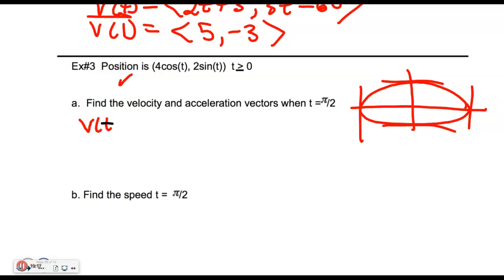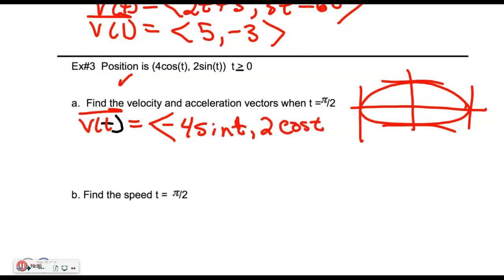My velocity vector is going to equal, and they should go in chevrons, -4 sine t and 2 cosine t. Just nice and easy derivatives right there. All right. And then it says at pi halves, okay? So at pi halves, my velocity vector would be what?